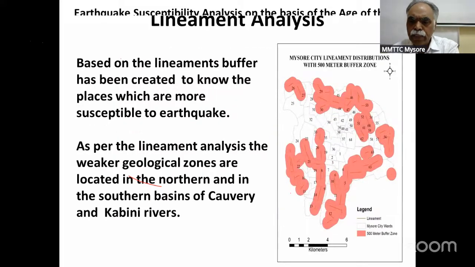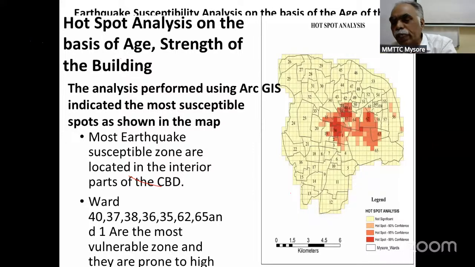All this information has been taken, and the lineaments and the geological condition of the region have also been considered. Based on this, we have located hotspots where, if there is an earthquake in Mysore city, exactly the earthquake will cause severe death toll or damage to life and property. So that has been mapped here.